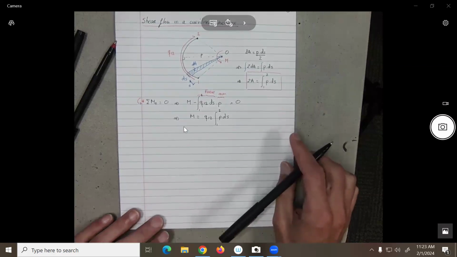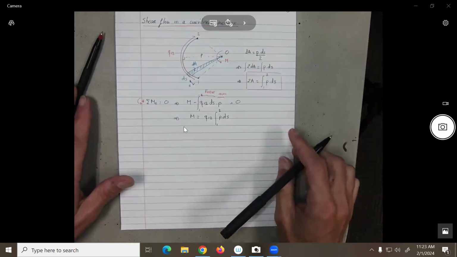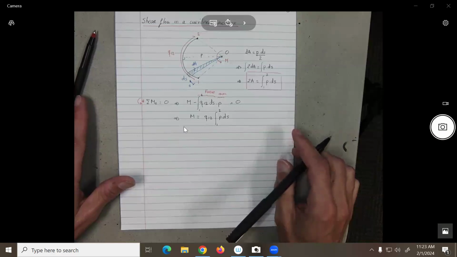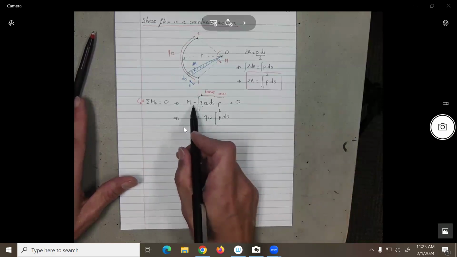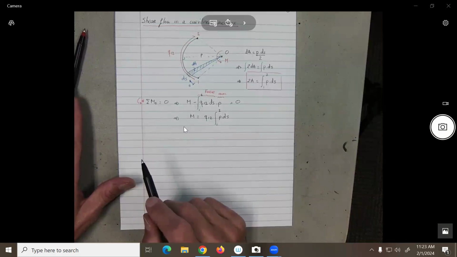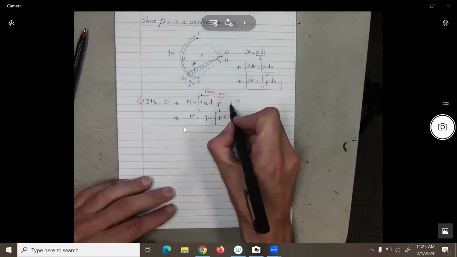Wasn't Q12 supposed to be negative? Because it's going clockwise. Yeah, I put negative here. Oh, so I think that's equal. No, it was over here.